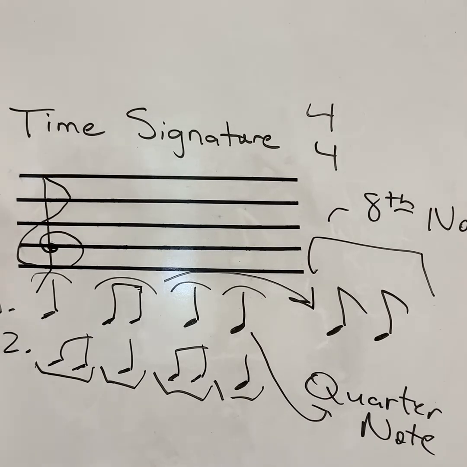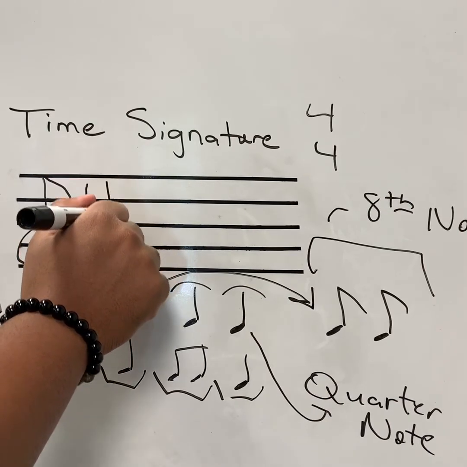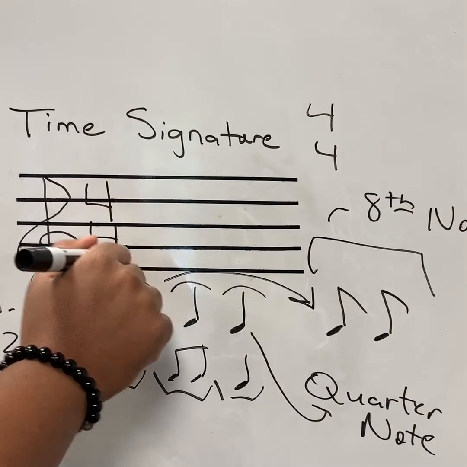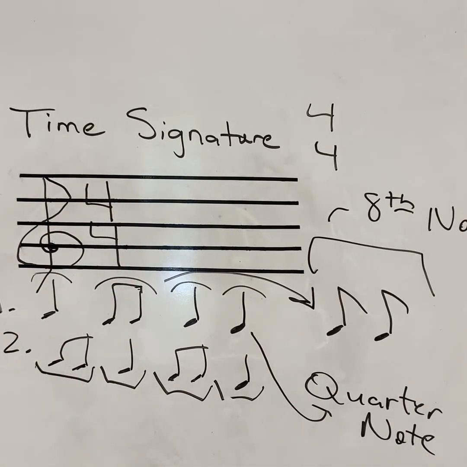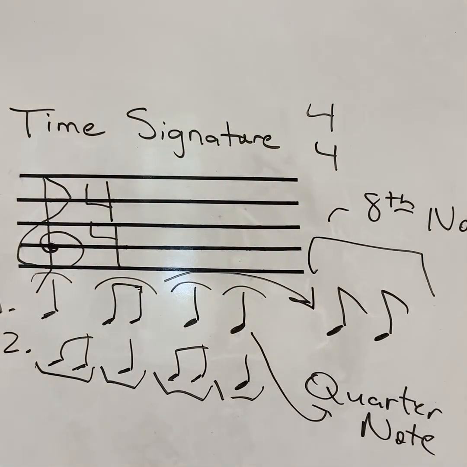Now, after I draw my treble clef on the staff, now I can draw my time signature, okay? Which goes right after the treble clef. I put this same 4-4 right here, okay?